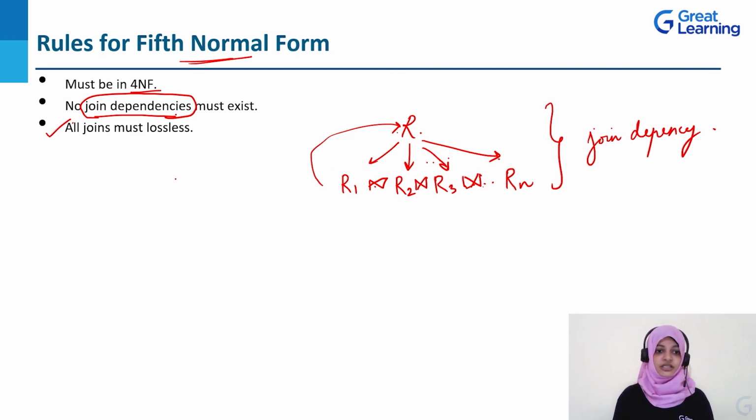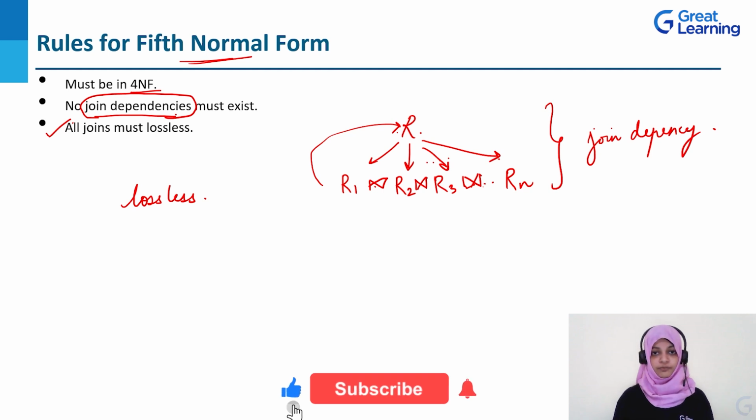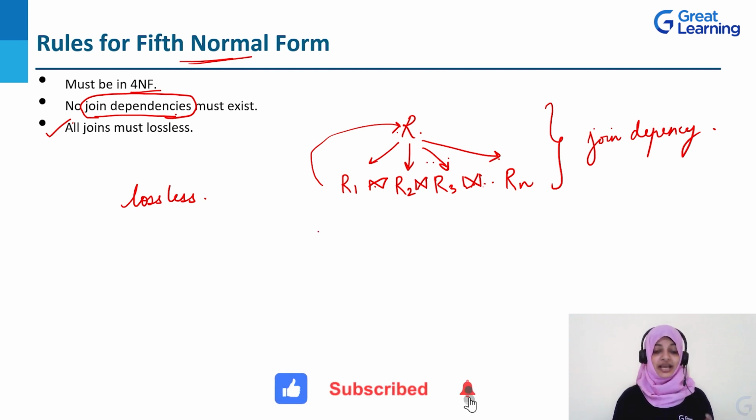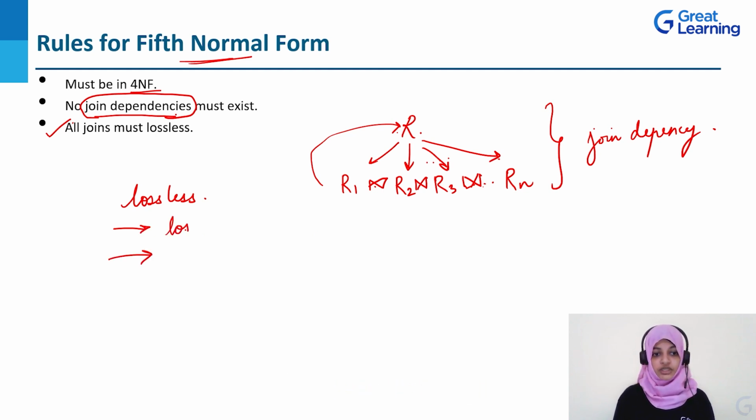Now let us first understand what a lossless join is. Many people feel that a lossless join is one where data is not lost. You're not wrong, but there is another condition here. A lossless join is one where data is neither lost nor is extra data gained.